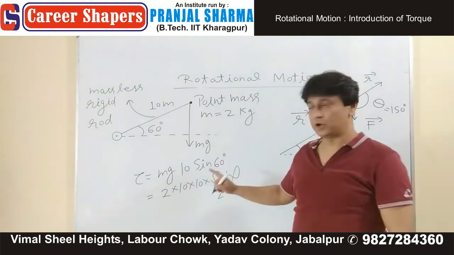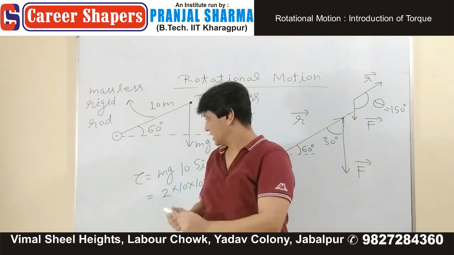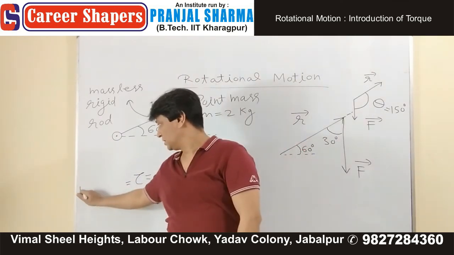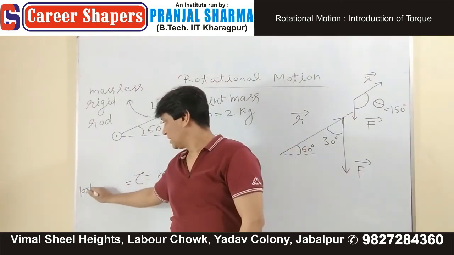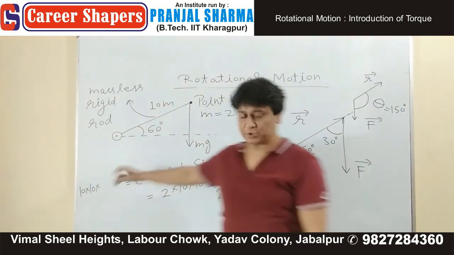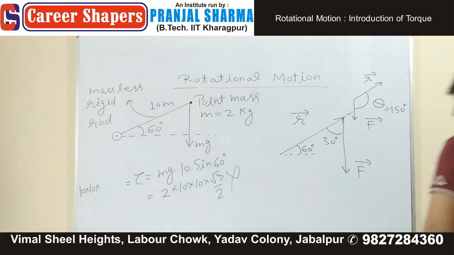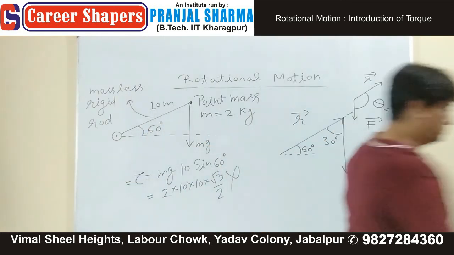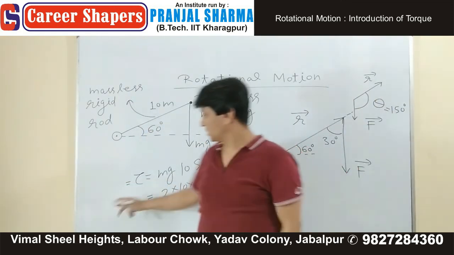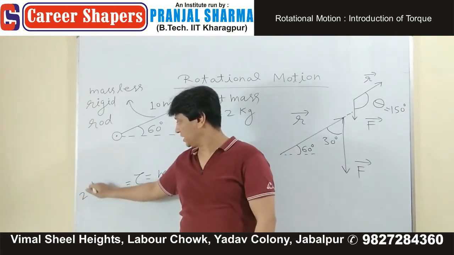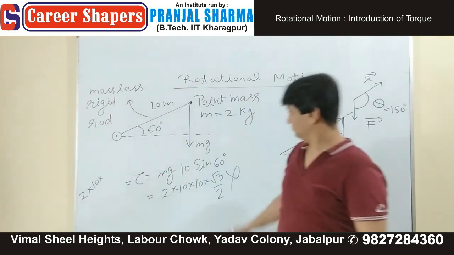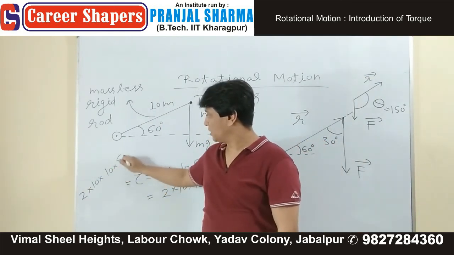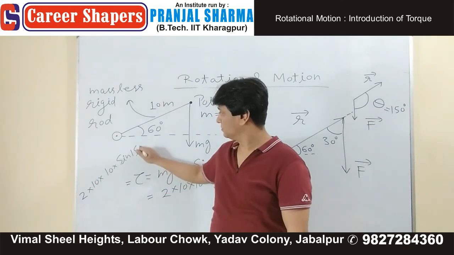तो correct version for torque is this, m g r, sorry, m is what, 2, m is 2 kg, two into g into r multiplied by sine of 150.